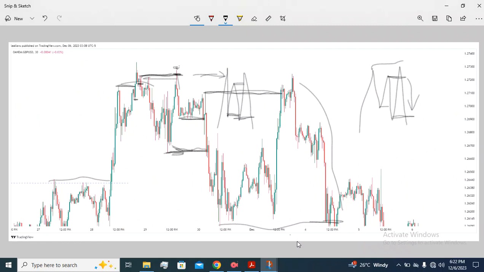That is exactly what you're doing in the market. You're trying to minimize the risk as we try to maximize the profits that we are getting from these trades. Yes, that is it.